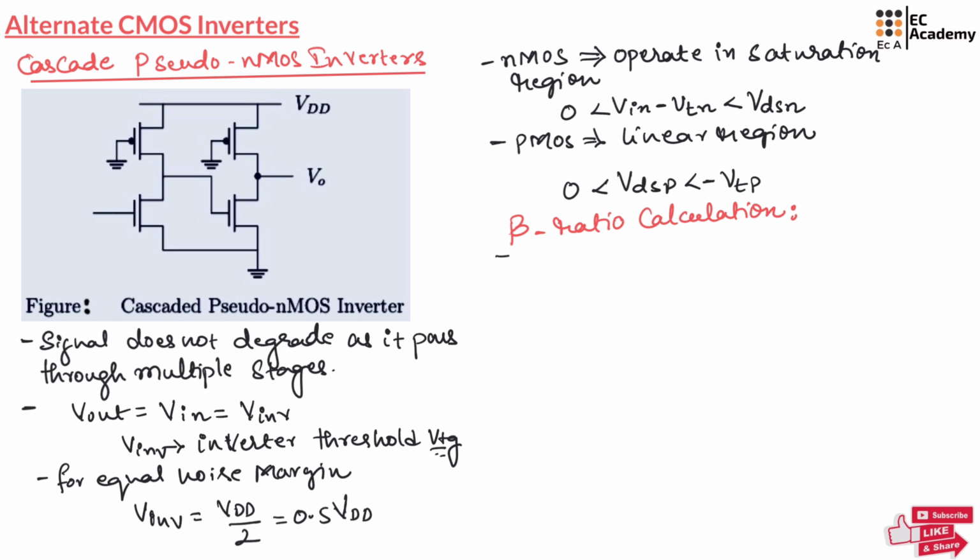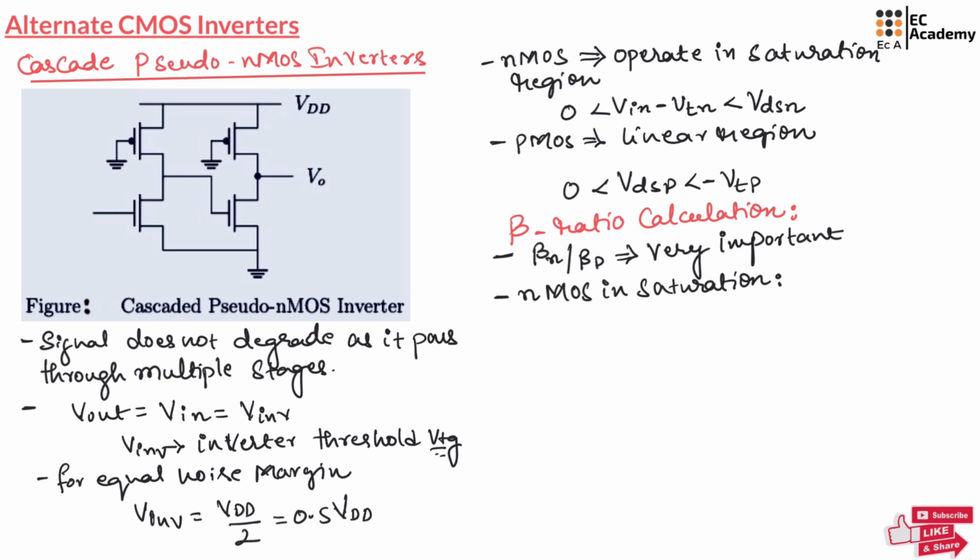Now let us understand beta ratio calculation in Cascade Pseudo-nMOS inverter. The beta ratio beta n by beta p is very important in VLSI design. From MOSFET equations, for NMOS in saturation, we can say IDSN should be equal to 1 by 2 beta n (V in minus VTN) whole square.